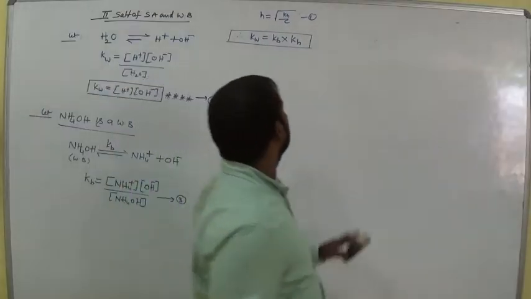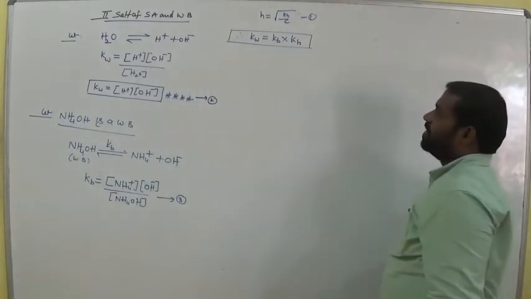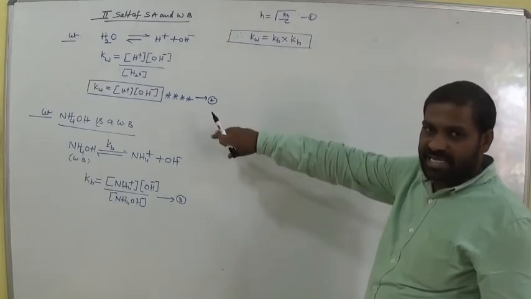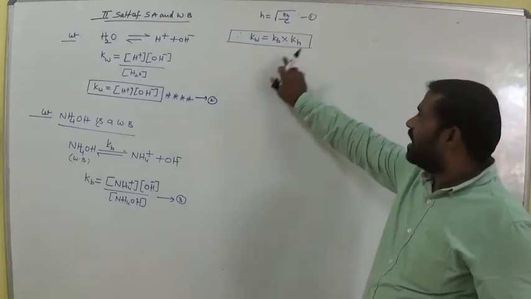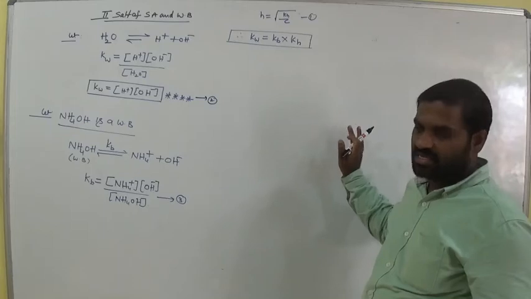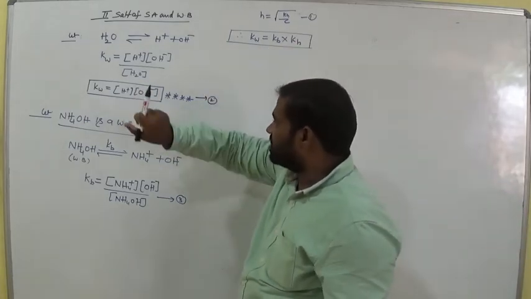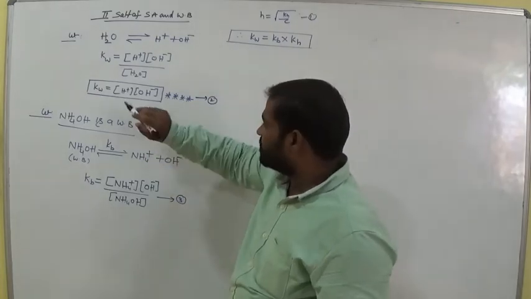Let's see this. KW equals KB into KH. This is the relation. You know the KB value, we already discussed the expression, and you know KH also from before. So multiply both expressions, we get the KW expression, that is H plus and OH minus. Okay, this expression we get.